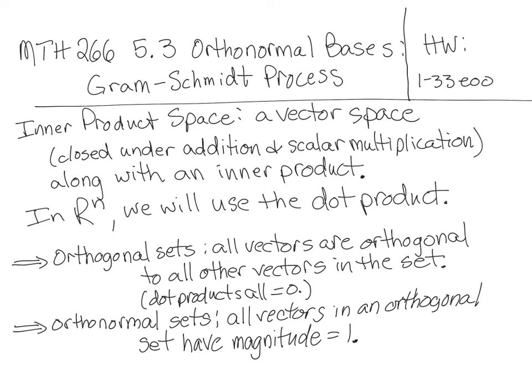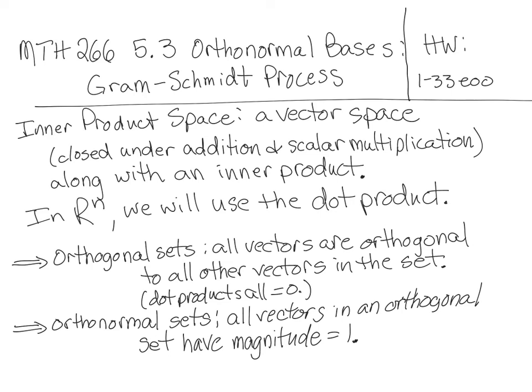So here we go. First off, section 2 that we skipped is about inner product spaces. An inner product space is just a vector space like we have studied before, where it's closed under vector addition and scalar multiplication, but we've added a definition of something called an inner product. Now in real n-dimensional space, the inner product that's normally used is just the dot product, which we've studied.